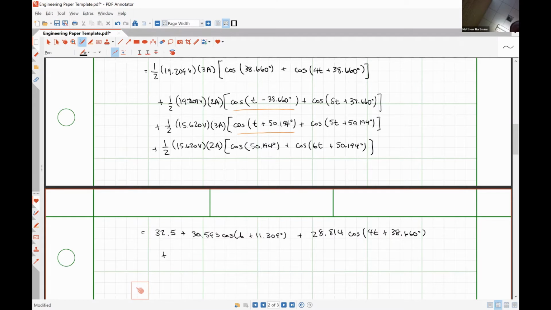Now we're going to have our 5t terms, so this guy and this guy. 19.209 times 2 with an angle of positive 38.660 plus 1/2 times 15.620 times 3 with an angle of 50.194.